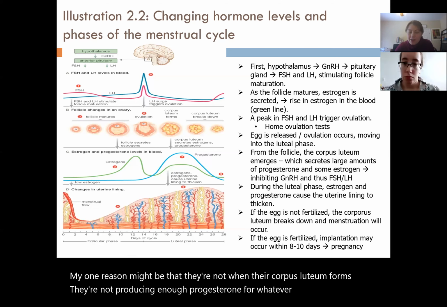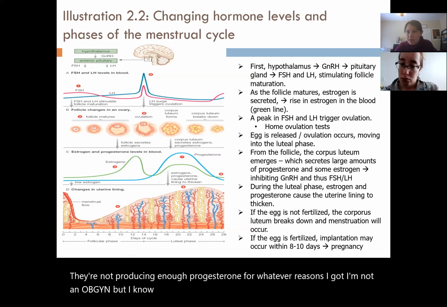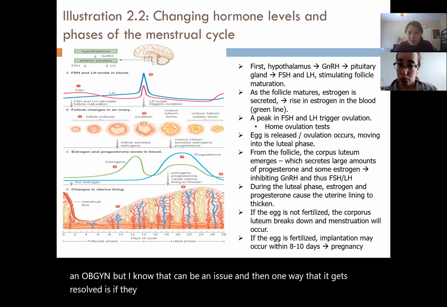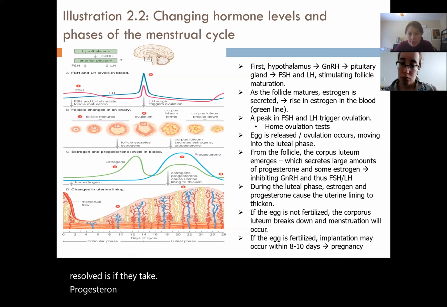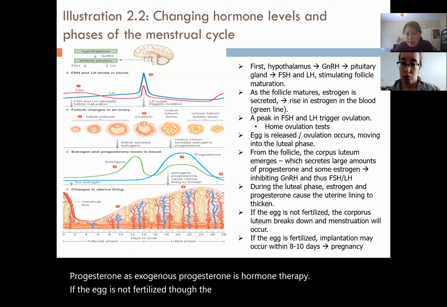Again, I'm not an OBGYN, but I know that can be an issue. And one way that it gets resolved is if they take exogenous progesterone as hormone therapy. If the egg is not fertilized, though, the corpus luteum will break down and menstruation then occurs.